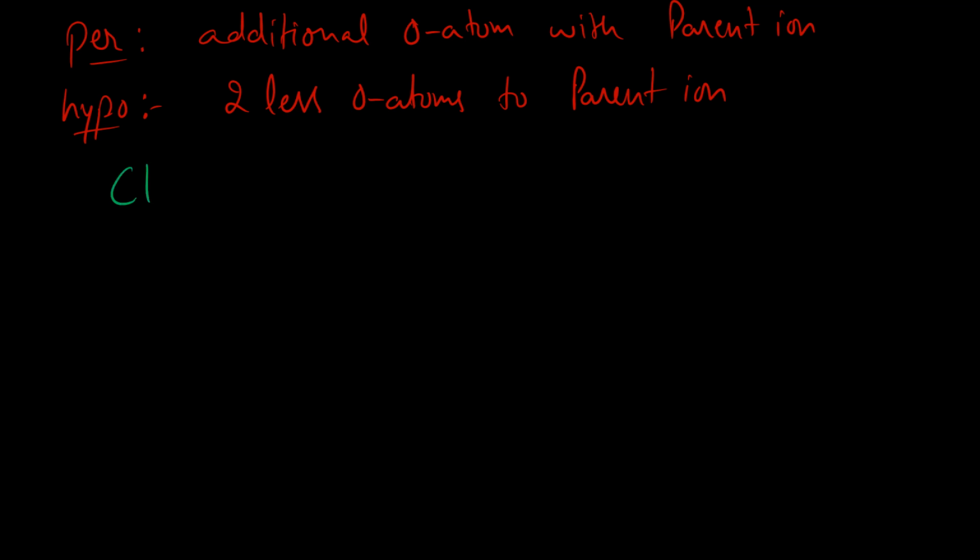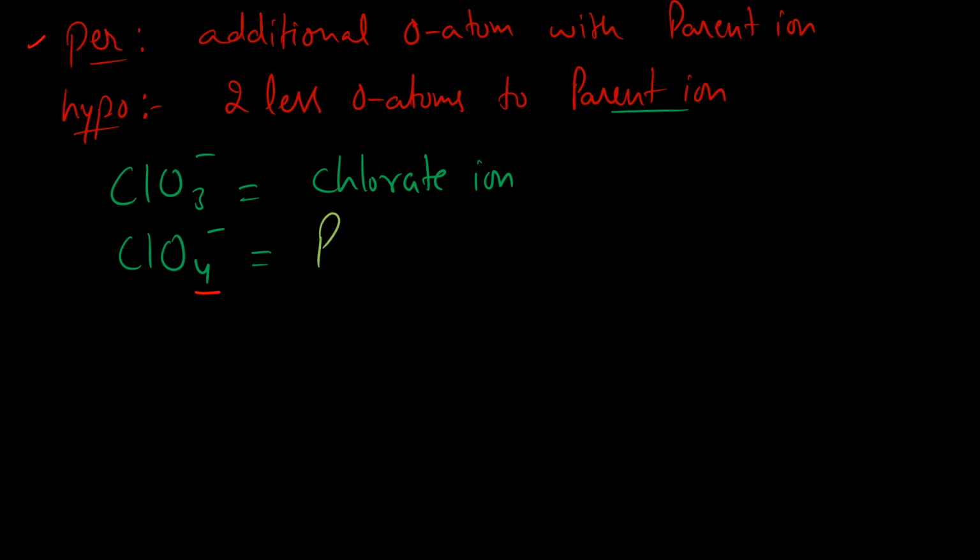So we are having ClO3 negative, that's our chlorate ion, which is going to behave as the parent ion here. If I write it as ClO4 negative, you may see I am having one additional oxygen, so I am going to use the prefix per. So I am going to write it as perchlorate ion.